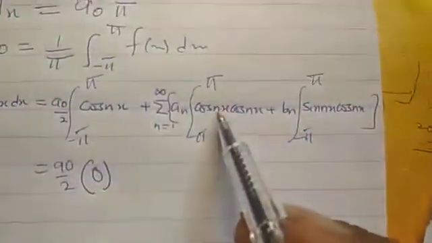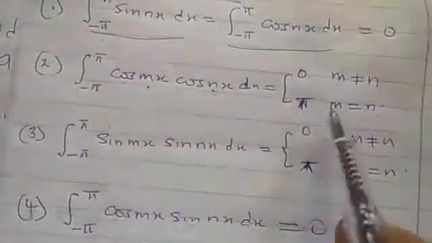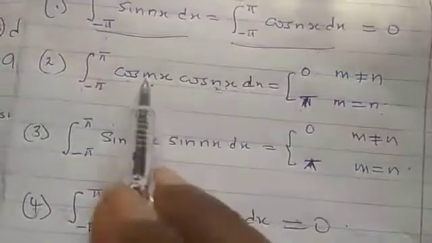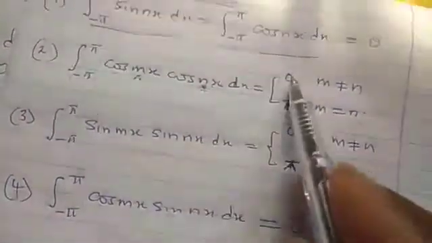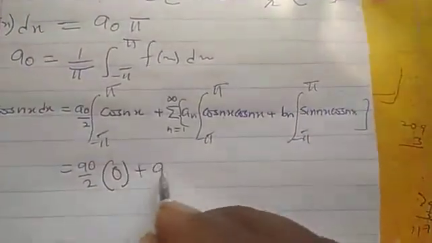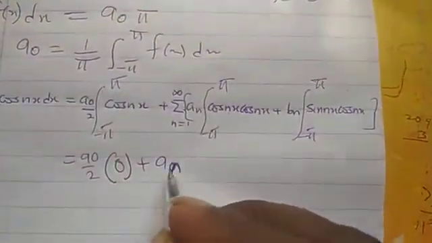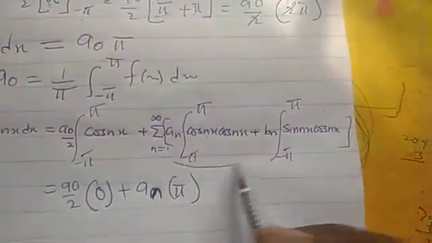Also, we say that for cos ns and cos ns, if these are the same, then it will give me pi. Assuming they are not the same thing, it will give me 0. So in this case, it will give me a n pi, because the whole of this thing will give me pi.